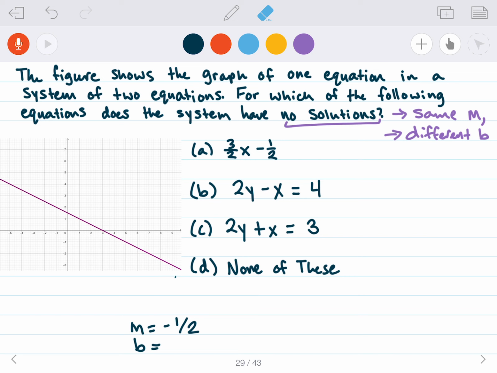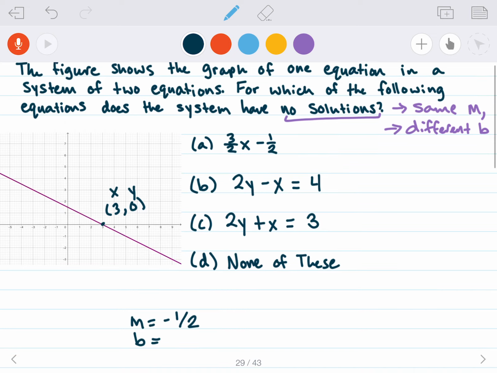Now again, it does look like the b could be 1.5, but we're not exactly sure, so we want to use a point that we are sure of to find b, just like we did a few lectures ago. Now, the first point that jumps out to me is this one right here. Or you could use maybe this one would work as well. But this guy right here as an ordered pair, x is equal to 3 and y is equal to 0, right?